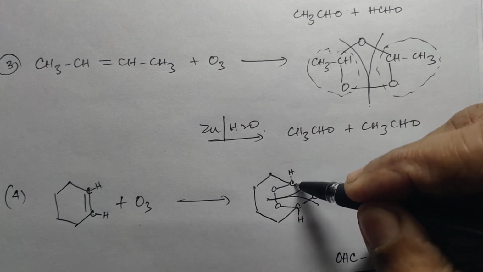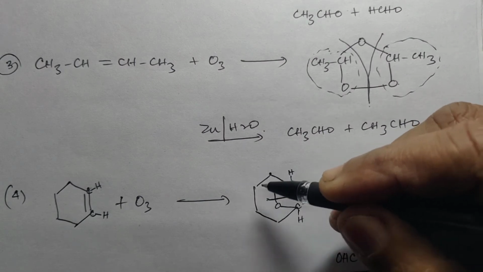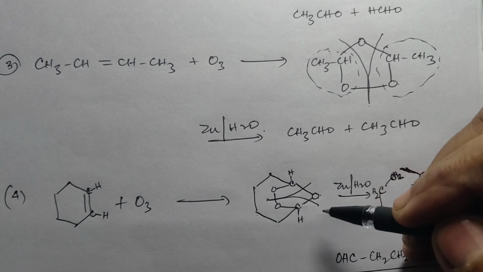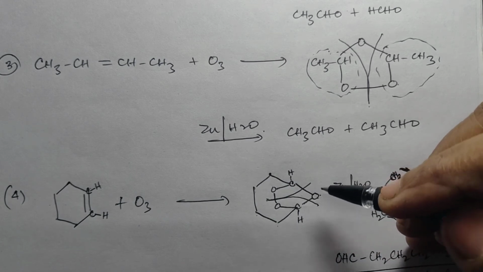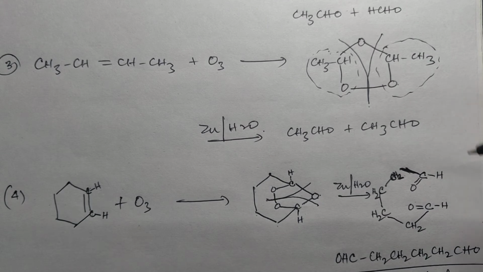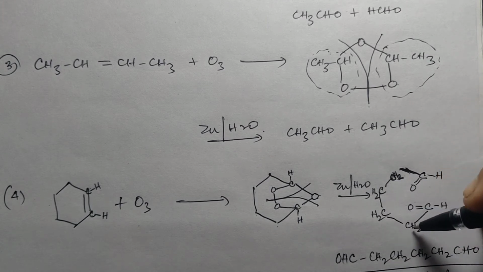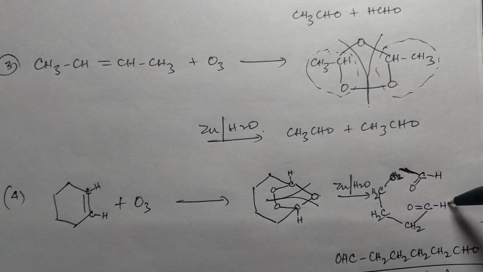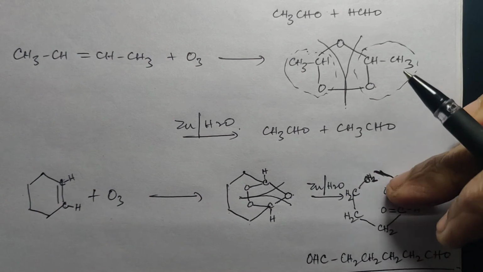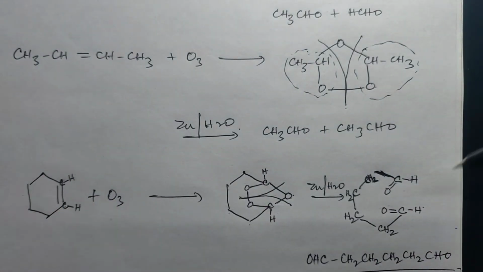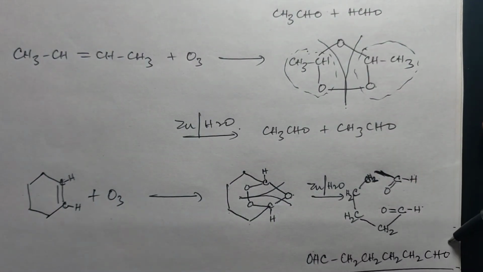Now CHO, then this is CH2, this is CH2, this is CH2, this is CH2, this is another CHO. Right? So what you will get? CHO, CH2 4 times and another CHO. So open up what looks like a ring shape, and on opening you will get a straight chain.